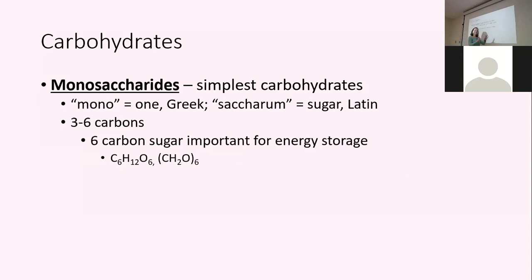We're going to talk mostly about 6 carbon sugars because they're the ones we hear about most often, right? And so for 6 carbon sugars, (CH2O)6 will be our molecular formula, right? We've got 6 of these little carbon bits. If you do the math out, you've got C6H12O6, a 6 carbon sugar.